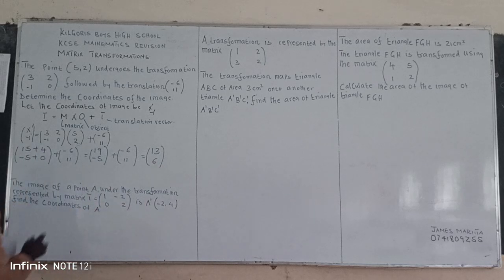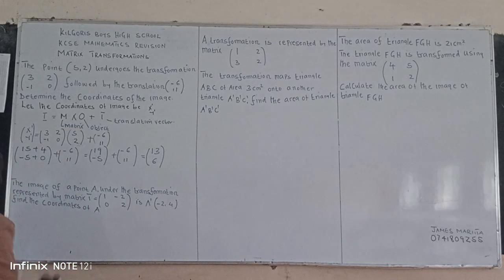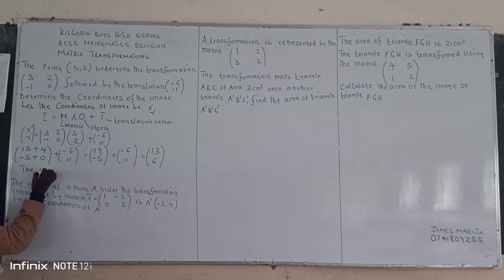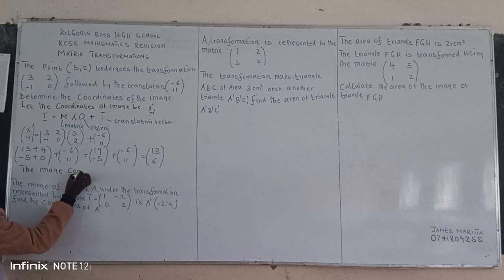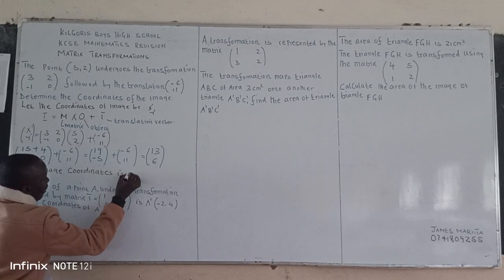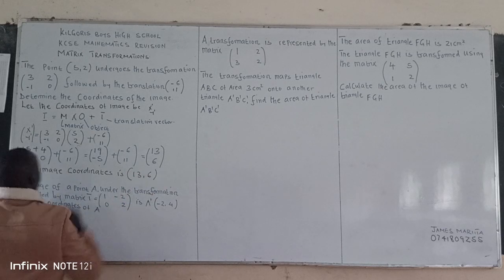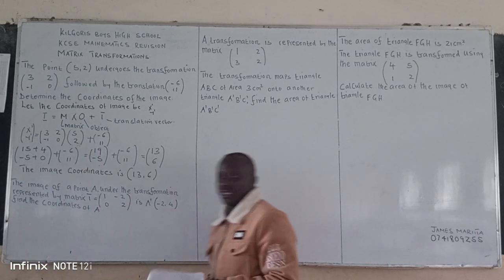We are supposed to determine the coordinates of the image, so the image coordinates are (13, 6). That's how you get the coordinates.